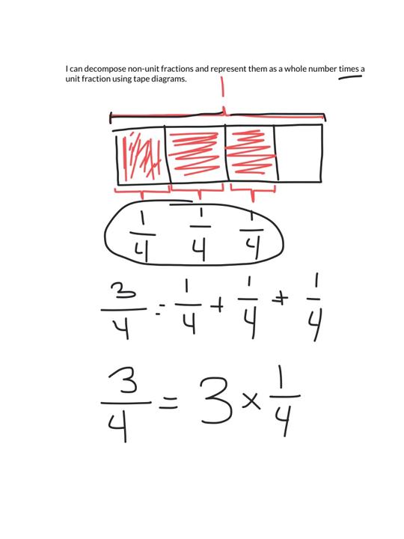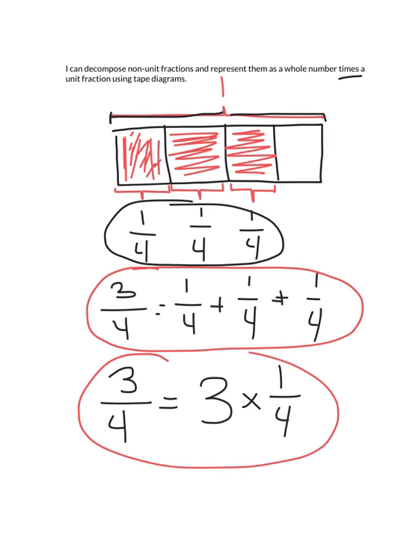So this equation is the same thing as this one. Instead of adding 1/4 plus 1/4 plus 1/4, we're going to simply multiply 3 times 1/4.